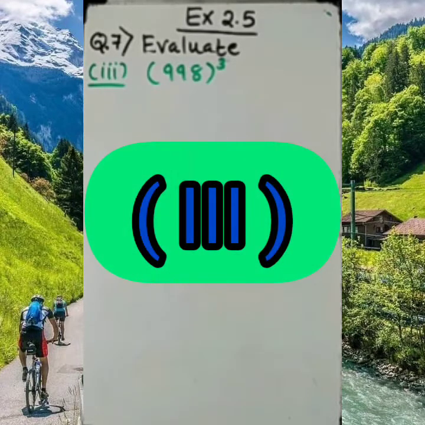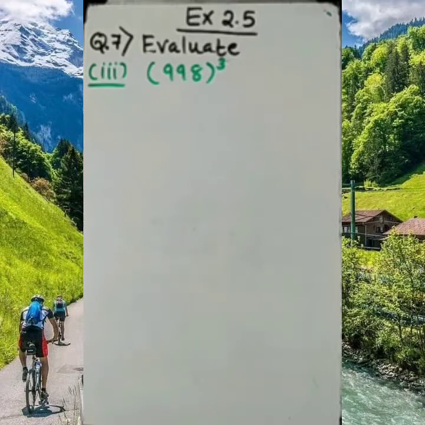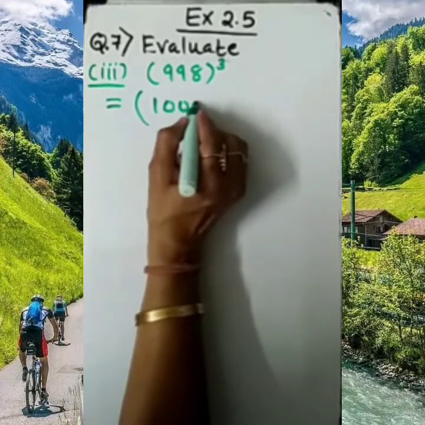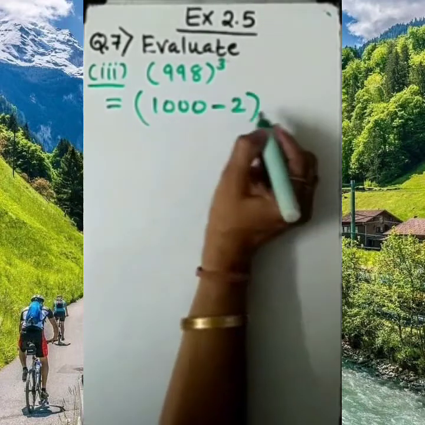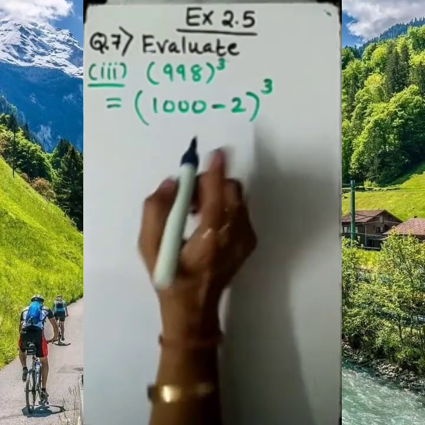So now question number 7, it's the third part. We are given 998 whole cube. Fine. So 998, can I write this way? That is 1000 minus 2, because the nearest round off figure is 1000. Now we need to apply the minus cube identity.